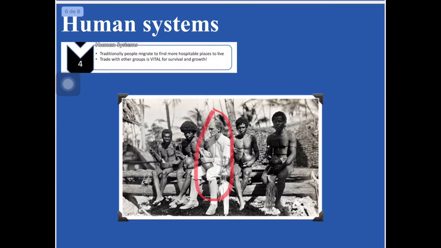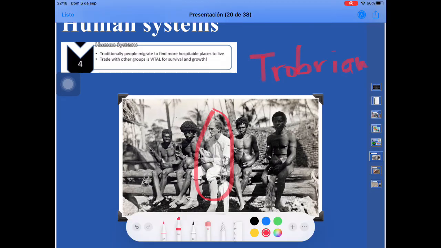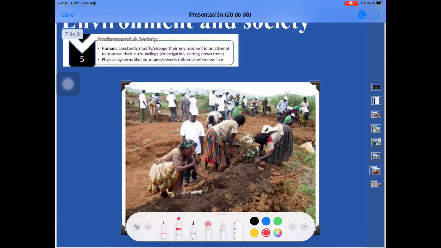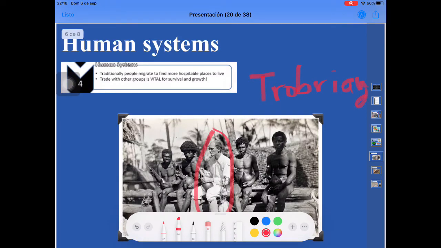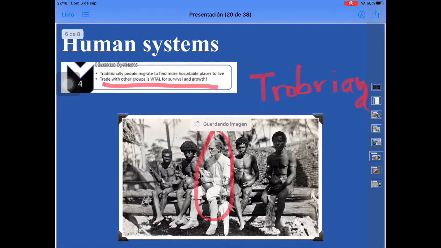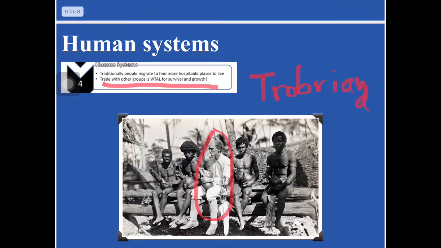But he was studying this tribe that are called the Trobriand, and we're going to study the Trobriand people when we study economics. Why? Because over here it says trade with other groups is vital for survival and growth. So they are talking about economics, right? However, tribes have a very different way of understanding economics, and we usually do not understand this way.